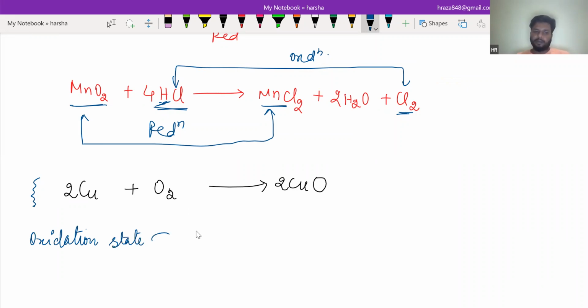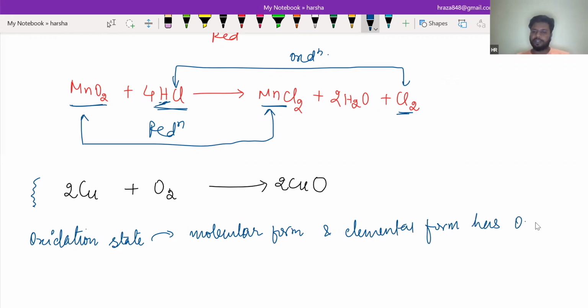Always remember that molecular form and elemental form has oxidation state equal to 0. Is it molecule or atom? Elemental form. Is it molecular form or elemental form? Do you know what is molecular form and what is an atom?